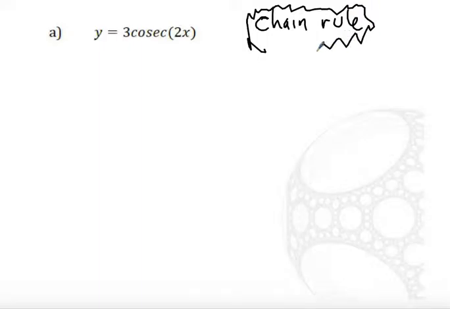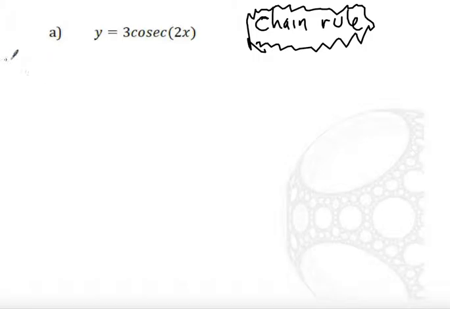Every other time it's going to be on a function of x, whether that's 2x, whether that's 5 minus 6x, whether that's 3x squared. And so what this means is we need to use the chain rule pretty much every time that you're going to differentiate trigonometric functions.